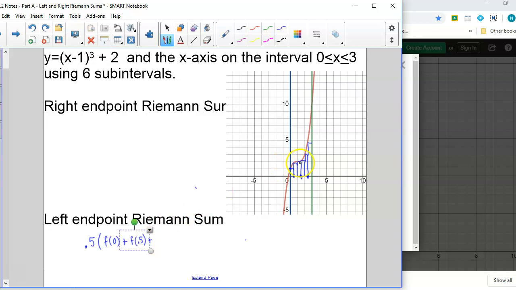And then the height of the third rectangle would be f of 1. And the height of the fourth rectangle would be f of 1.5. And then the height of the fifth rectangle would be f of 2. And the height of the last rectangle would be f of 2.5.